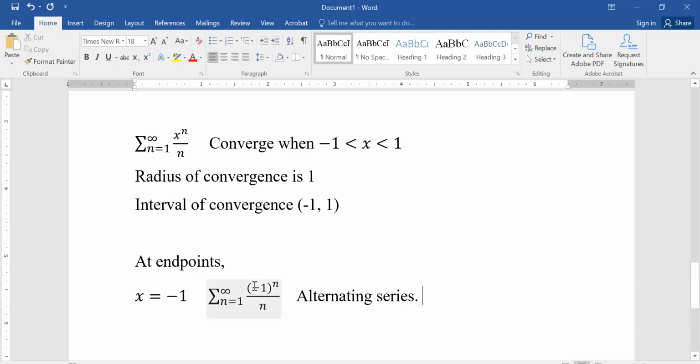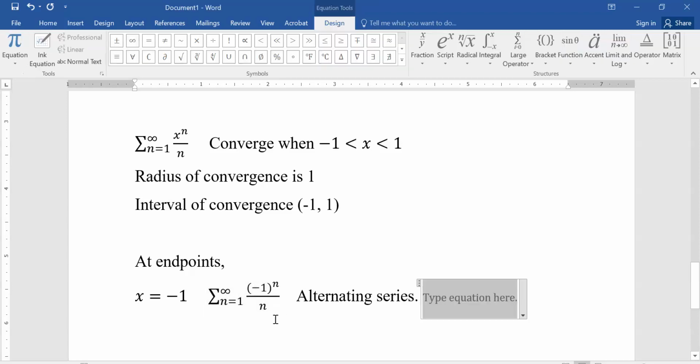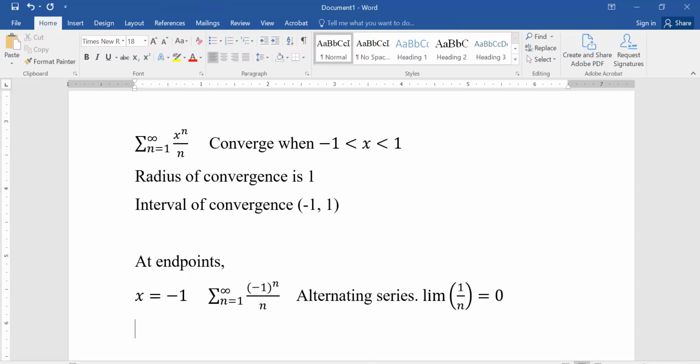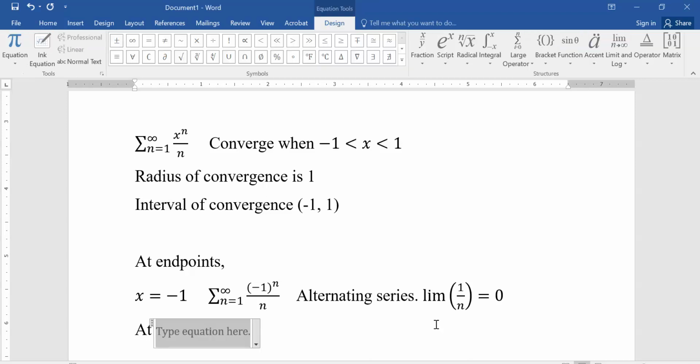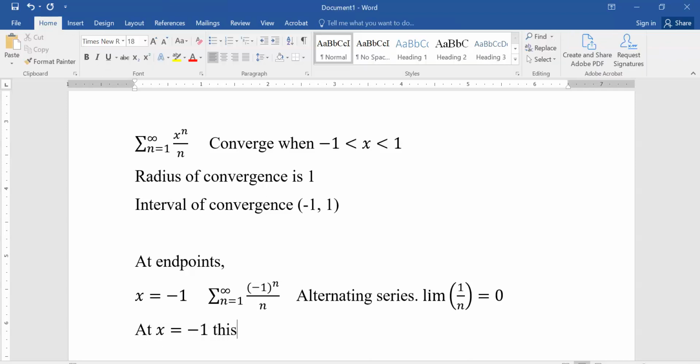The underlying limit, let me just write limit as n goes to infinity of 1 over n, is decreasing towards 0, and therefore at x equals -1, this series converges.